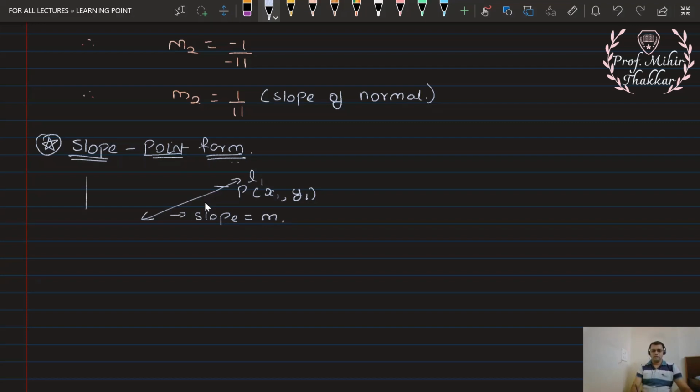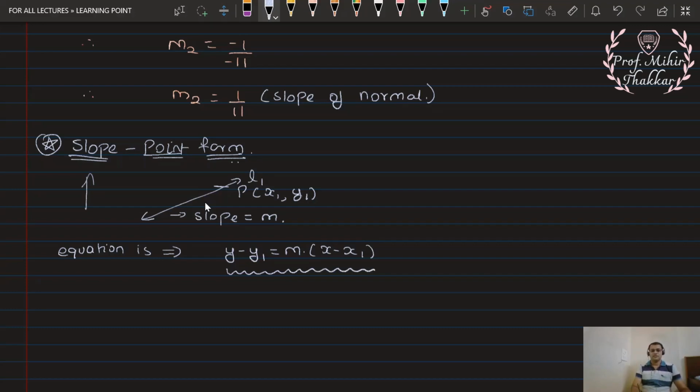Then according to the slope point form, the equation is y minus y1 is equal to m multiplied by x minus x1. x1, y1 is any point which is lying on that particular line that is known to us, and m is the slope of that particular line. So in such a case, I can say that the equation of the line using the slope point form is y minus y1 is equal to m into x minus x1.